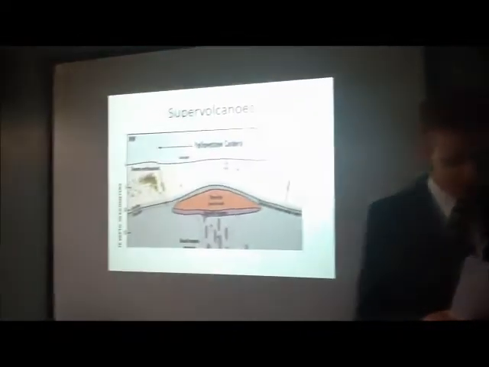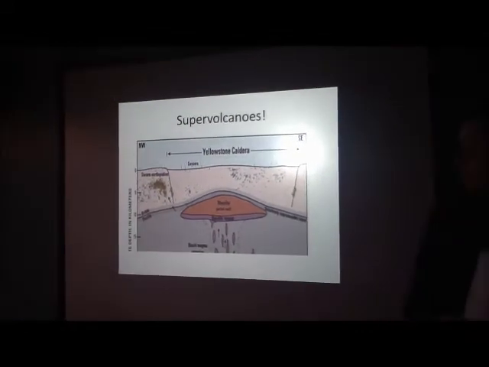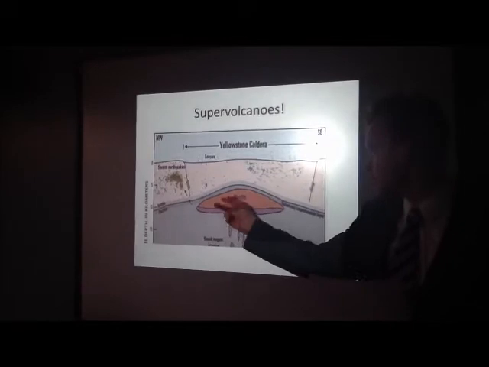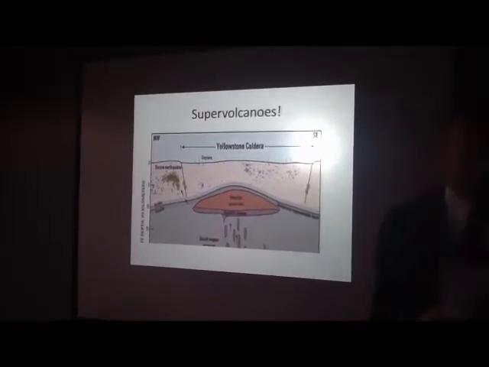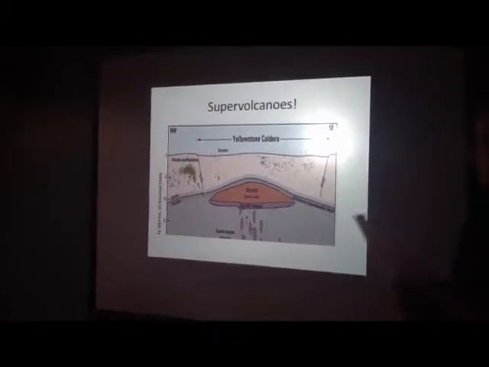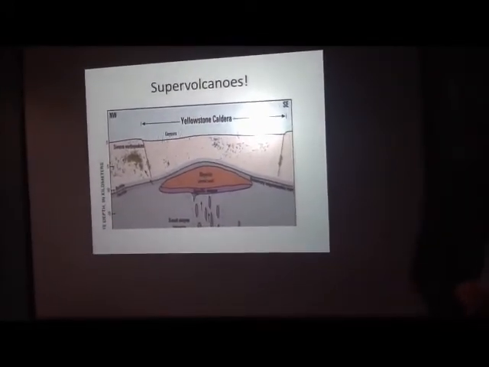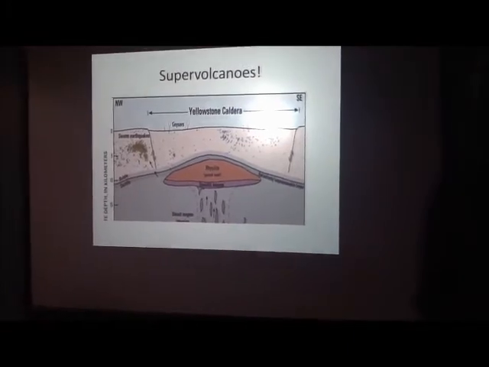Supervolcanoes. Supervolcanoes occur when there is a massive hotspot, as Colin just said earlier, and when it builds up underneath the crust, and the crust can't take it anymore, and the crust kind of collapses, and lots of gas fizzes out, and many thousands of times more material than a normal volcanic eruption is erupted and expelled out of the volcano.